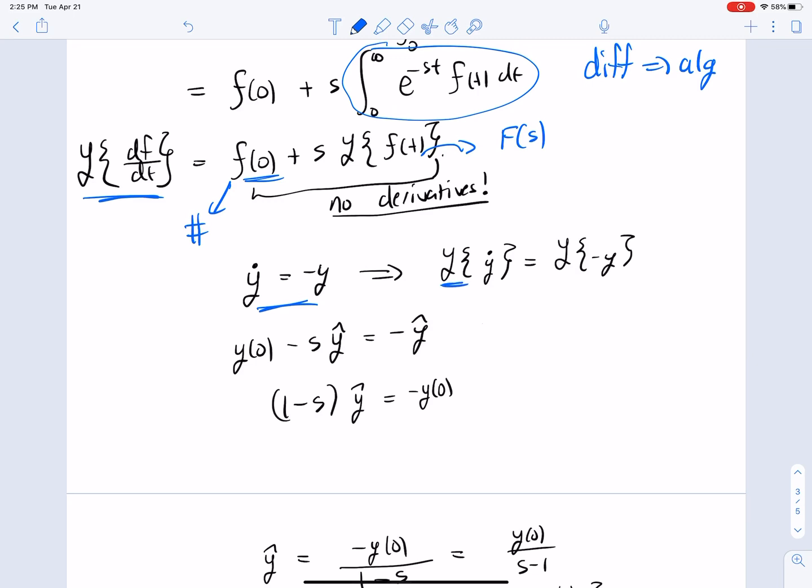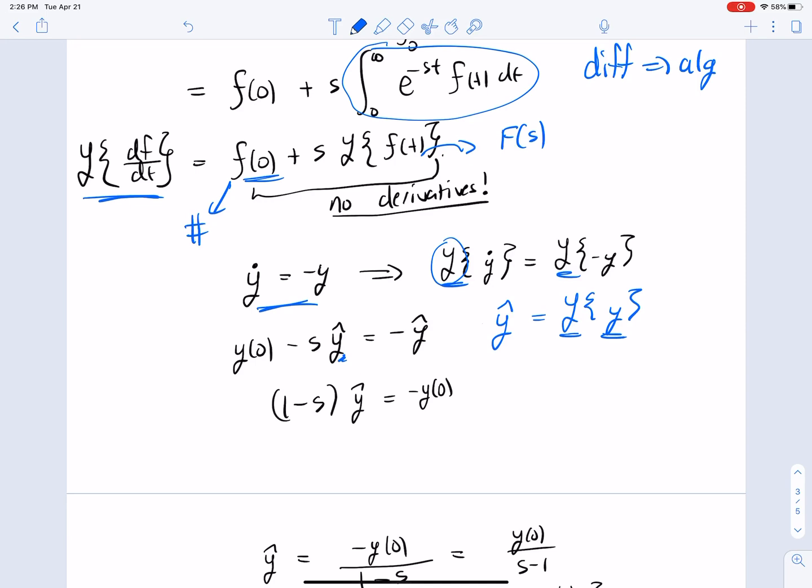So what you can do is I'm going to take the Laplace transform of both sides of the equation, and I'm going to start using the notation y hat for the Laplace transform of y, just because this gets annoying for me to write at least. Feel free to maintain the fancy L if you want to, but this is the transformed version of y, if I put a hat on it.